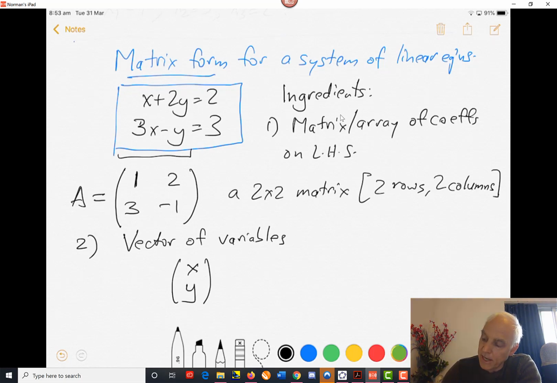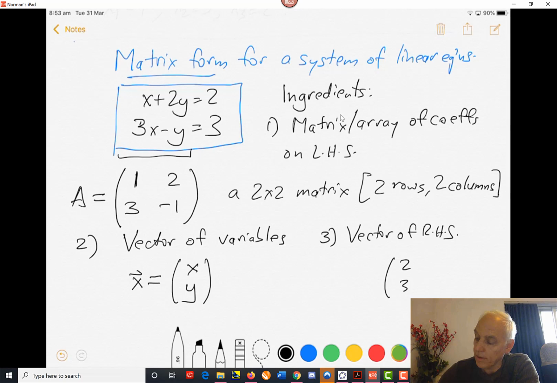We could call it, say, x, and I'll put a bar on top, so that's a vector, okay, the vector x, which is the vector consisting of the two variables x and y. And over here, the third ingredient is the vector of the right-hand side constants, which in this case is 2 and 3. We make a vector out of that, so we could give that vector a name as well. Maybe we'll call it vector b.